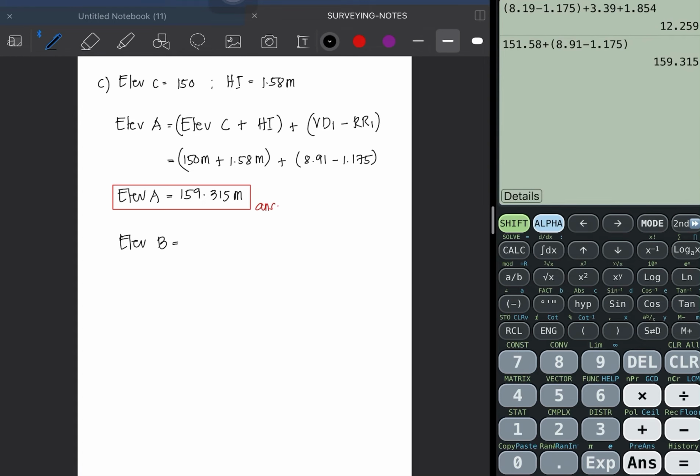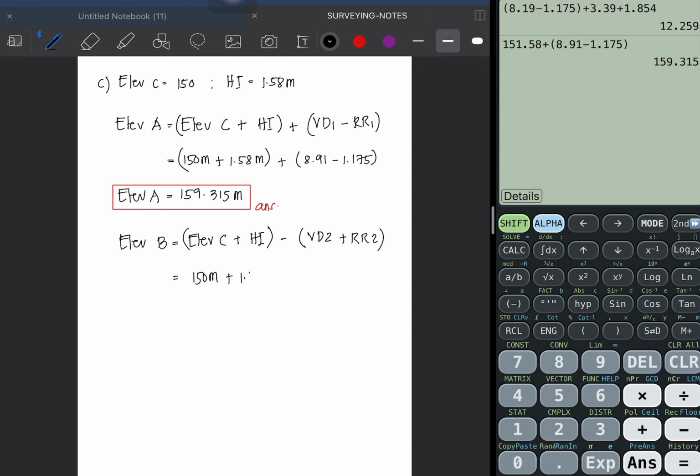Okay? So you have here the elevation of C plus the height of instrument minus the VD2 plus RR2. Okay?